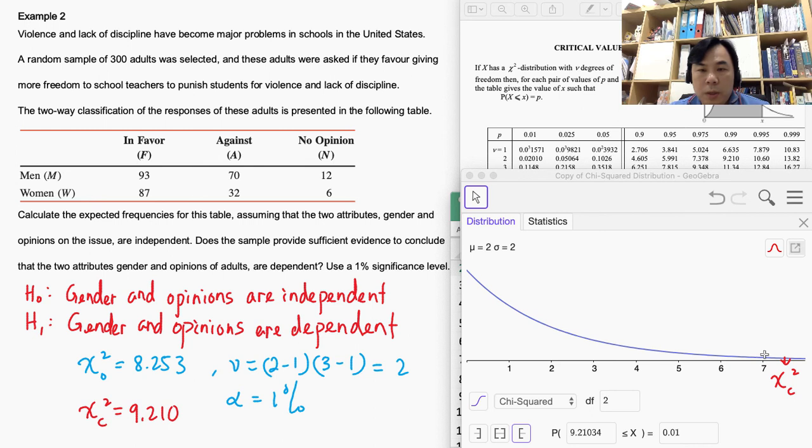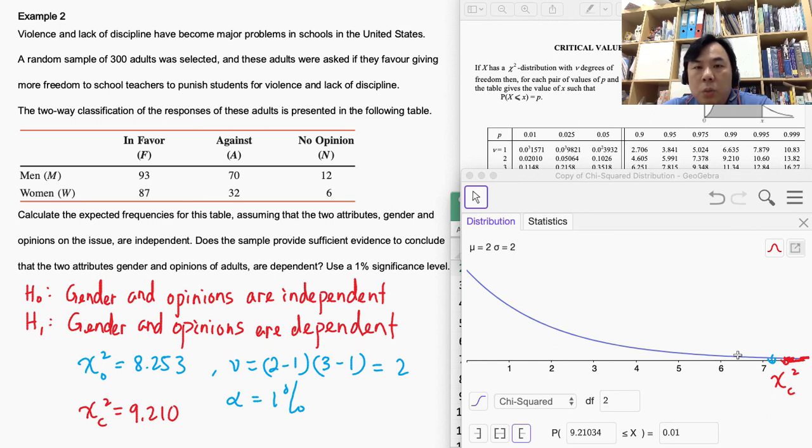And then our observed chi-square is somewhere here. Our observed chi-square is outside of the rejection zone. So therefore, we can conclude that gender and opinions are independent. All right. So I hope that is clear.